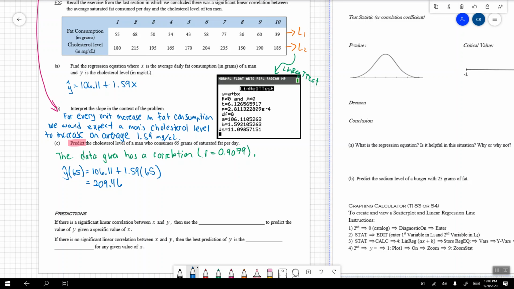Well, this is our prediction, right? So since this is our prediction, we're going to write up a conclusion here.